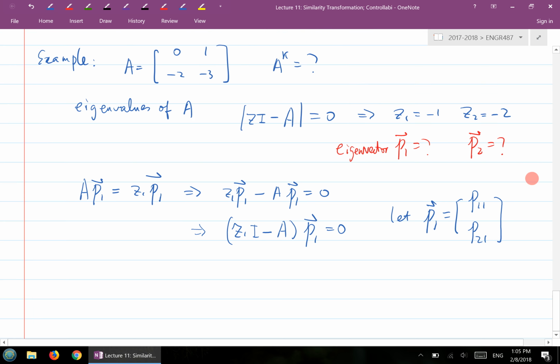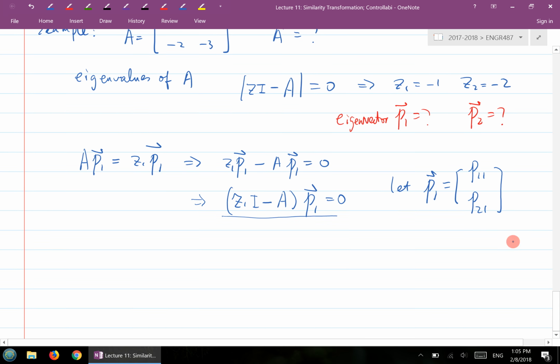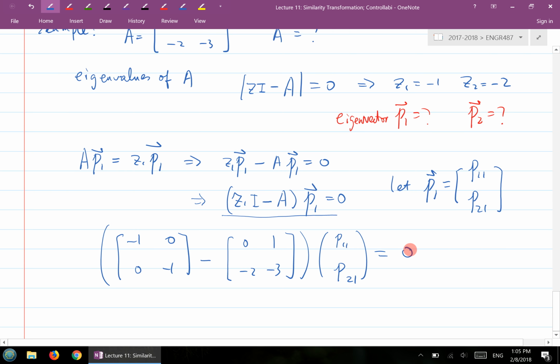Now we substitute everything into this expression. So Z1 is -1, so -1, 0, 0, -1 times I, minus A, and A is 0, 1, -2, -3, times P1, which has P11 and P21, equal to 0.